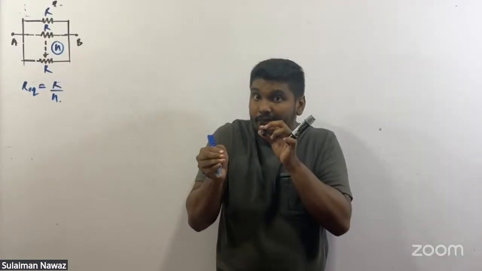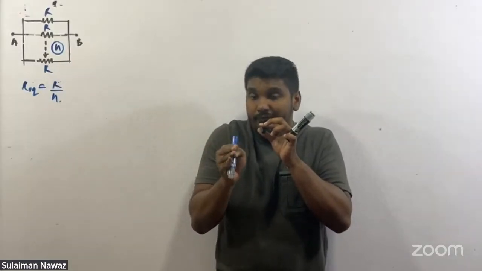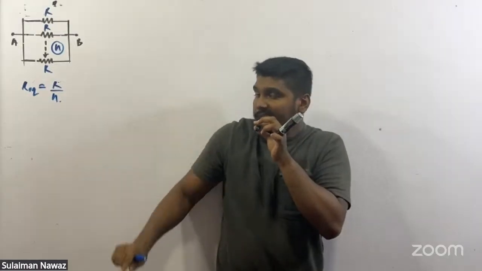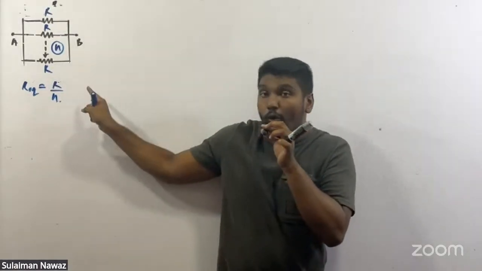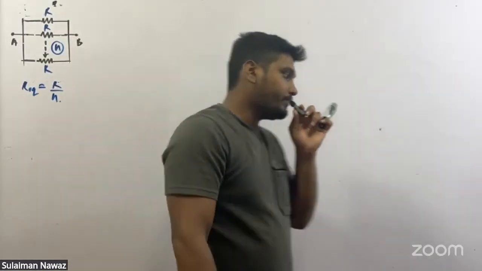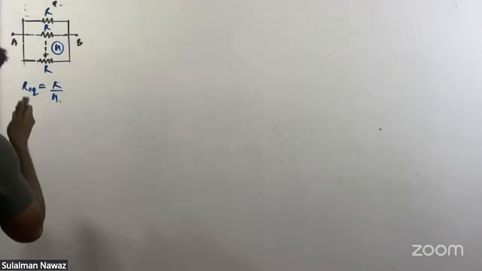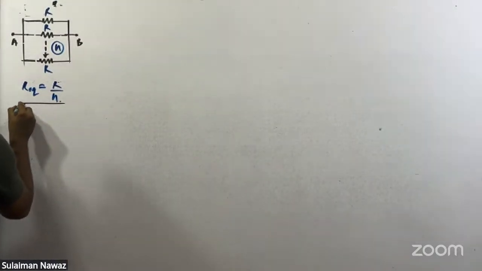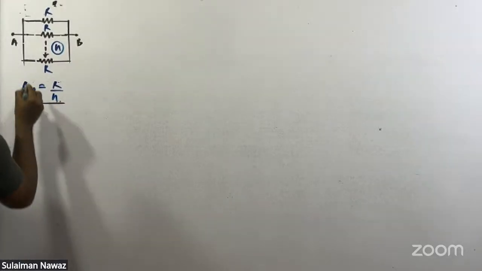In that case, the equivalent resistance of this system is going to be the resistance of one resistor, capital R, over the number of resistors, N. Very important equation. Special point number 2, very important equation.